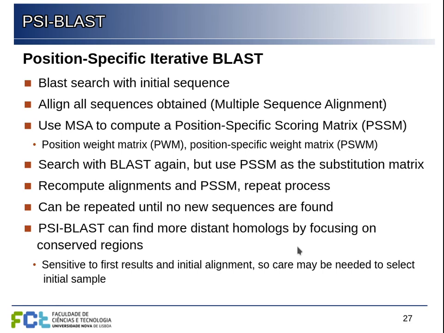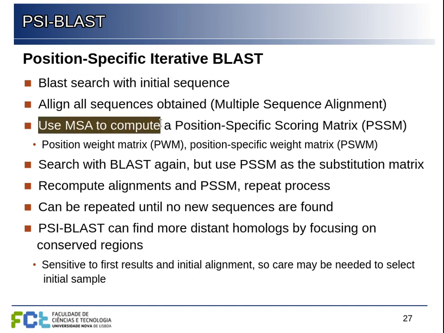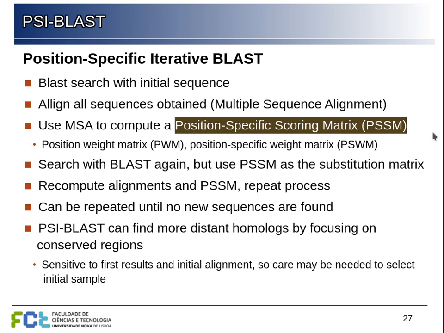So this is very good for finding more distant homologs, but it's also sensitive to the results we get, especially at the beginning, because note that this first search will give us the sequences for the multiple sequence alignment, which we are going to use to compute those substitution matrices for the different positions, which will then determine what comes next and so on.